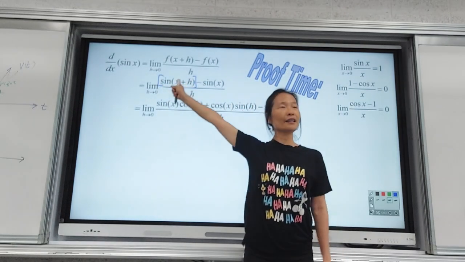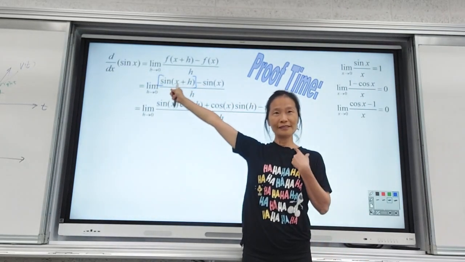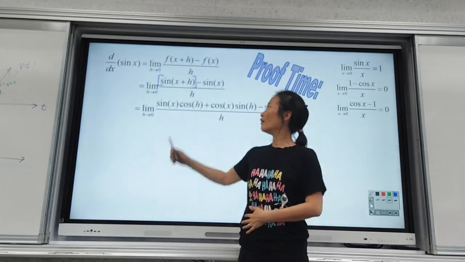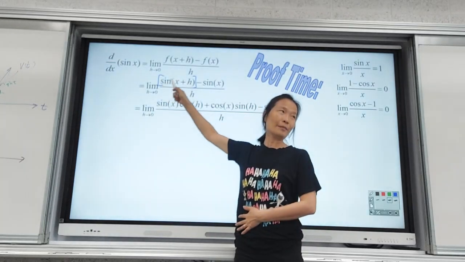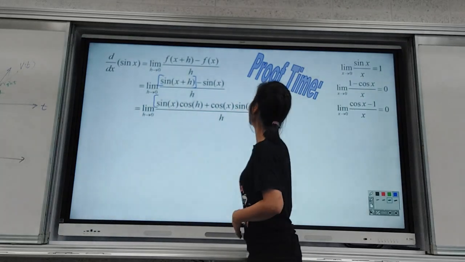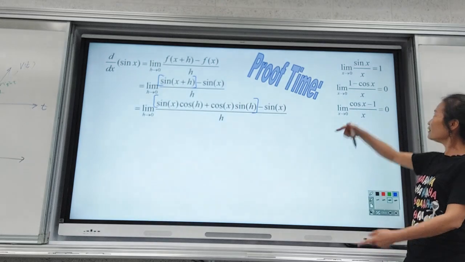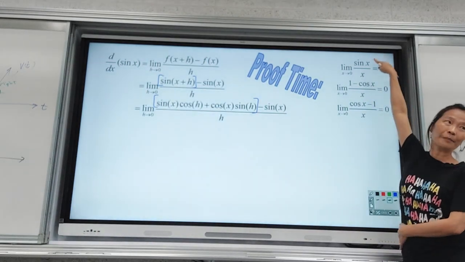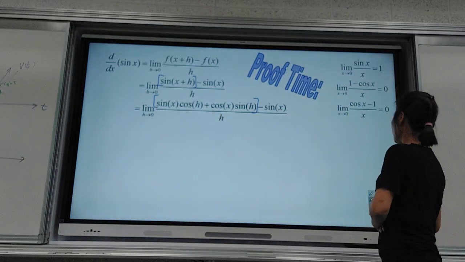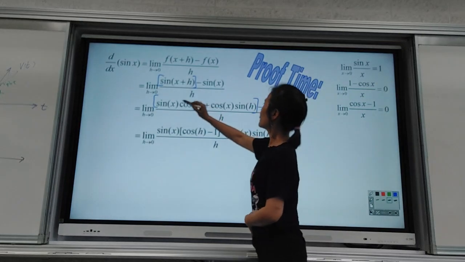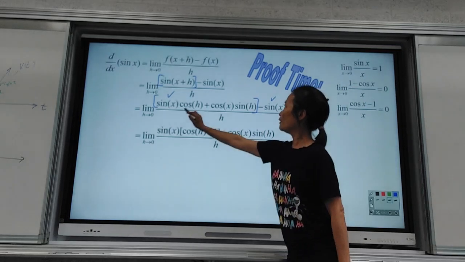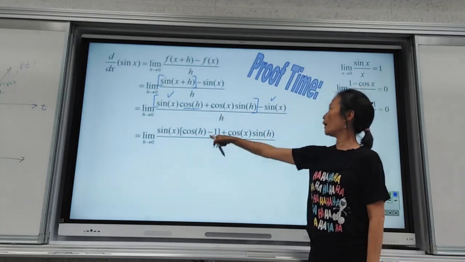This is the sine sum of angle, the trig formula you learn from honors pre-calc. So, okay, sine of a plus b is sine a cosine b plus whatever that is. And then, remember we have those limits. So I'm going to factor the sine out of the 2 parts here. And then you have the cosine minus 1 over h.